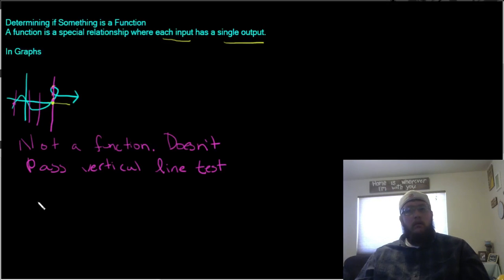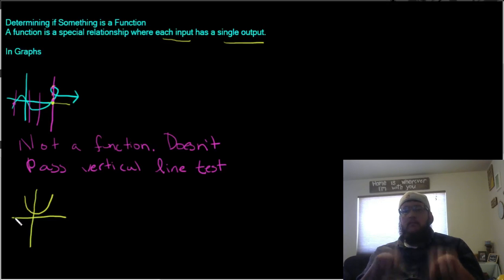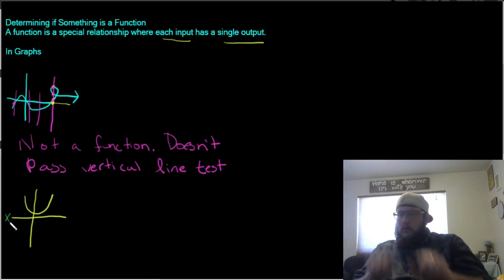Let me give you another example. So here's another graph. And before we do the vertical line test, we can look at our input values, which are along the x-axis here.